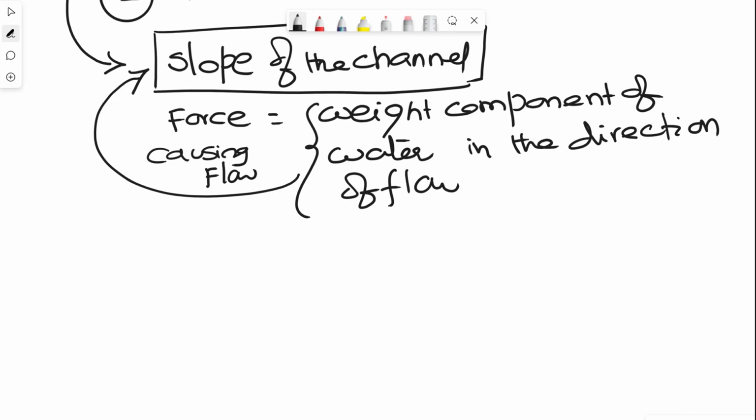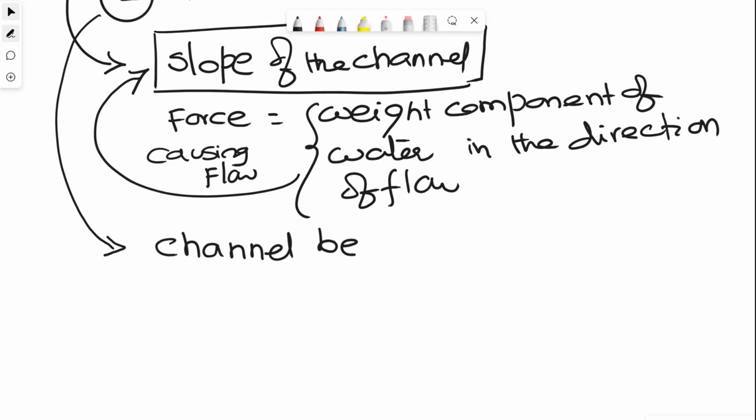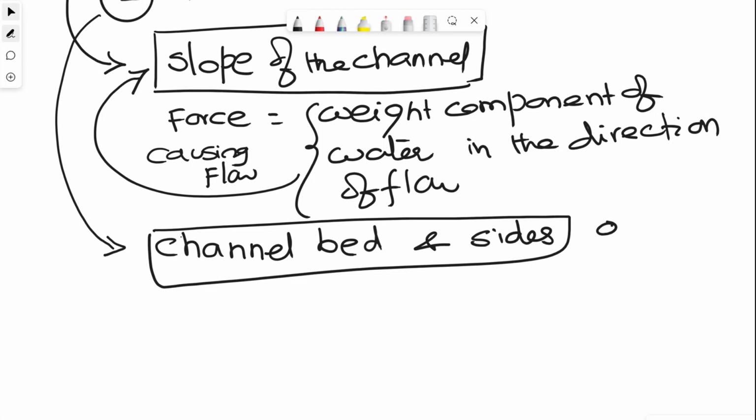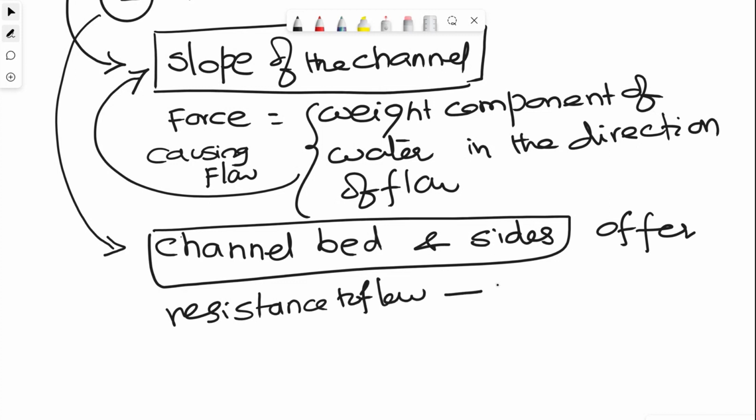Next, what is the second force? The resistance force, number two, is mainly the channel bed and sides. They offer resistance to flow. This resistance is the shear resistance.